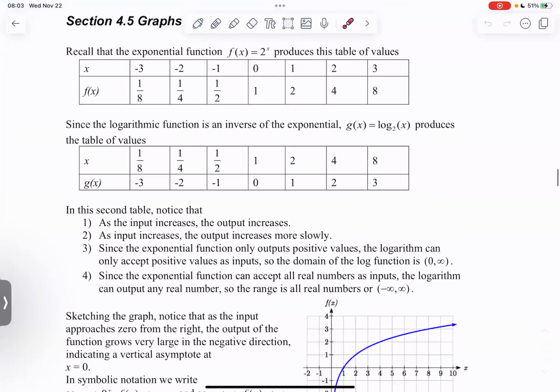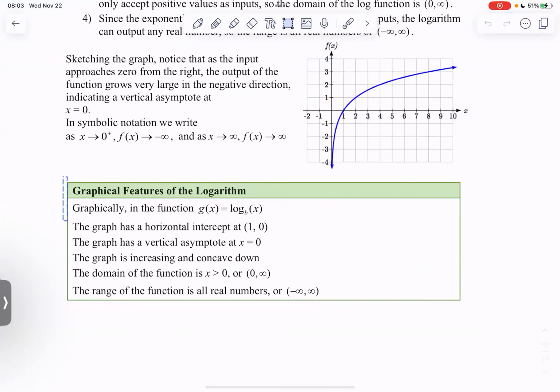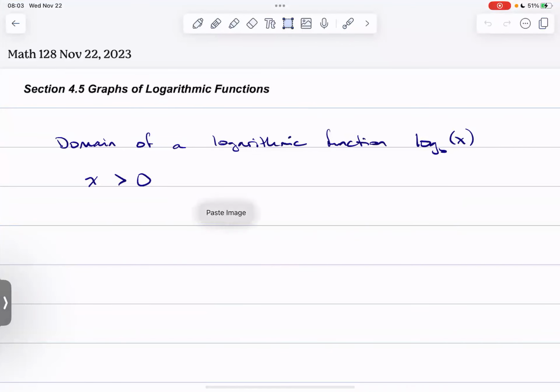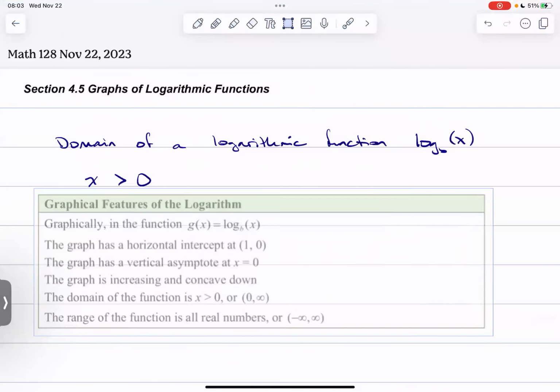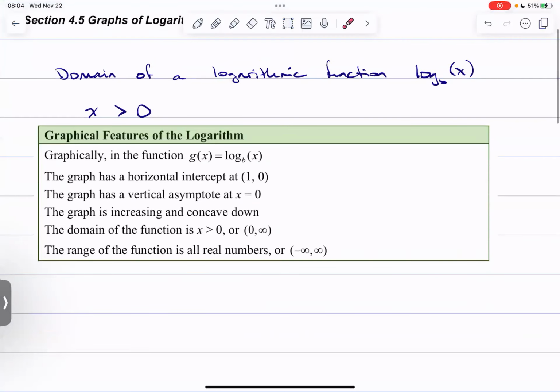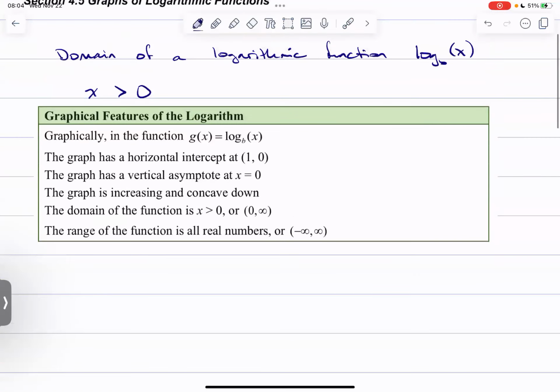Let's see here. Skip ahead. We'll just talk about some of these features. If we have log base b of x, then the graph has a horizontal intercept at (1, 0), meaning that when x is 1, the output is 0.